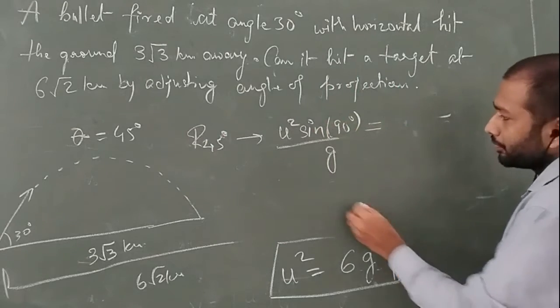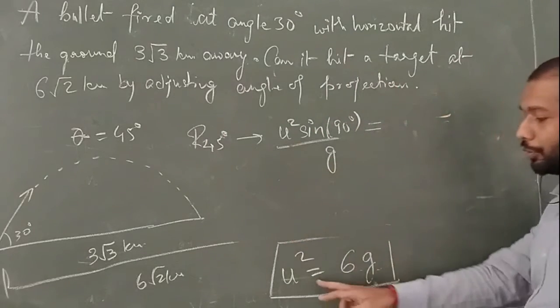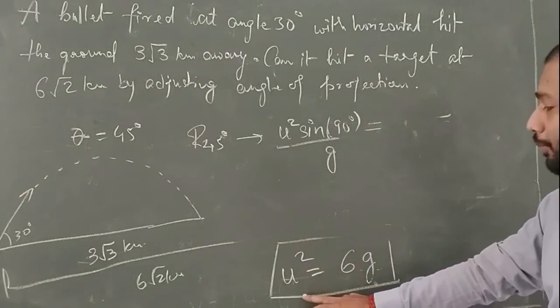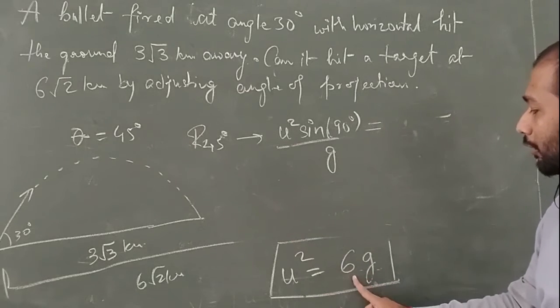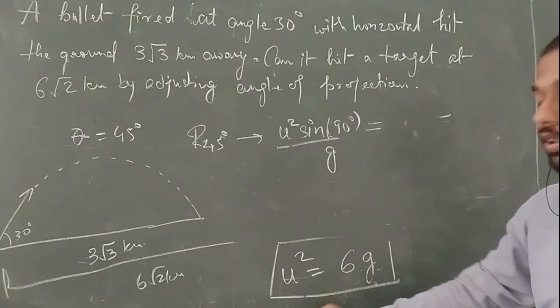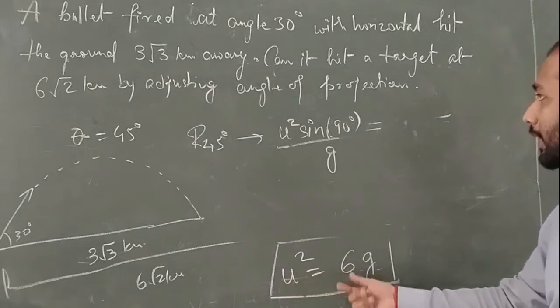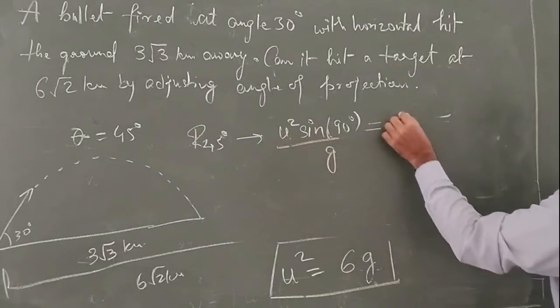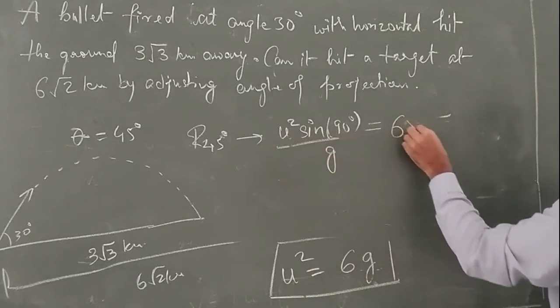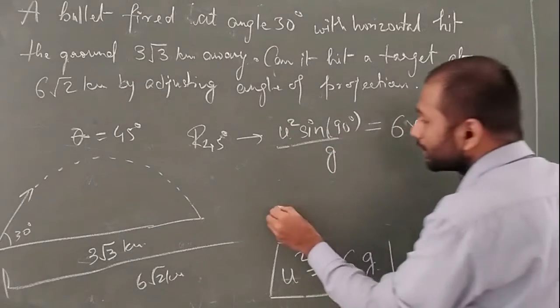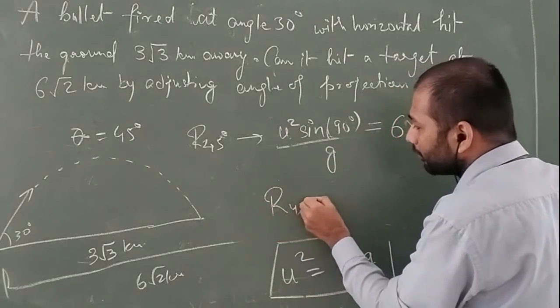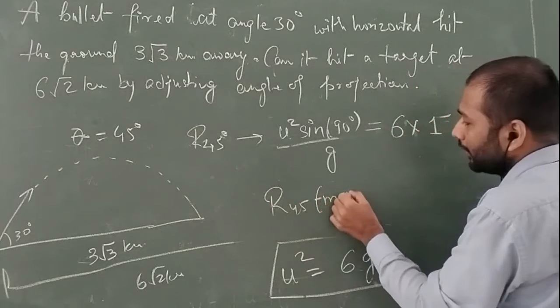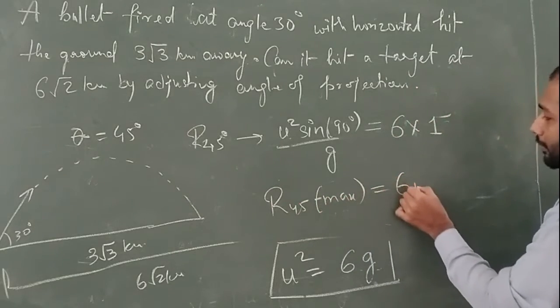Let's calculate. Put the value of u square. From here I can put u square upon g is equal to 6, because g can come over here. So the value is 6, and that is the value, that is 1. So what is the range that we can get, which is the maximum value of range? You can get only the 6 meters.